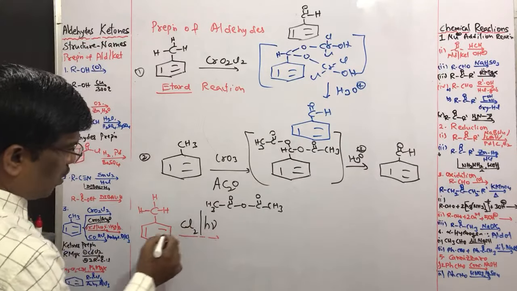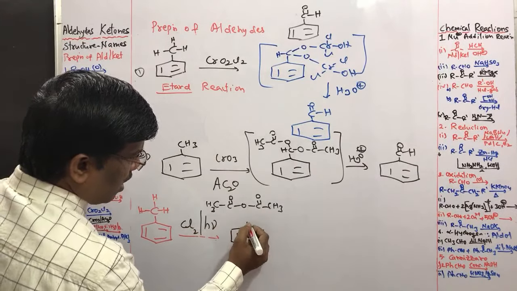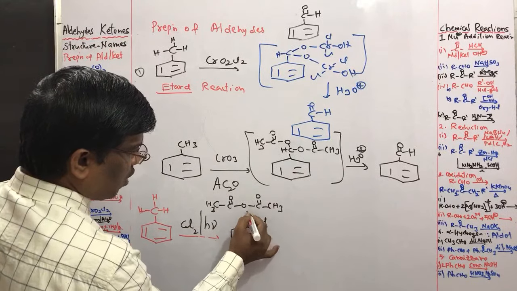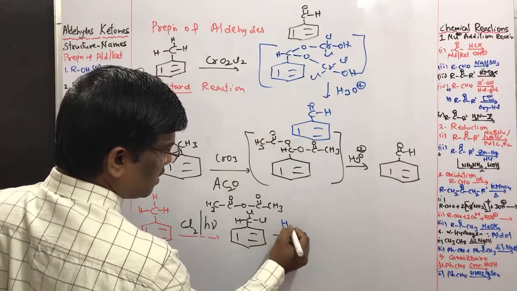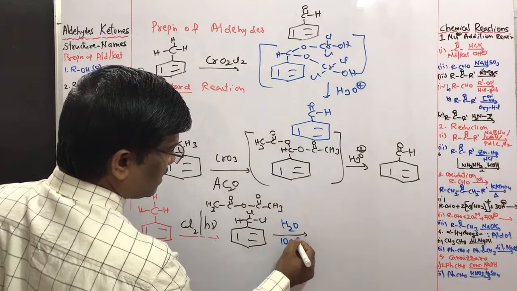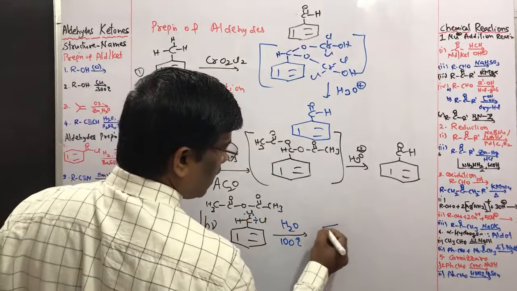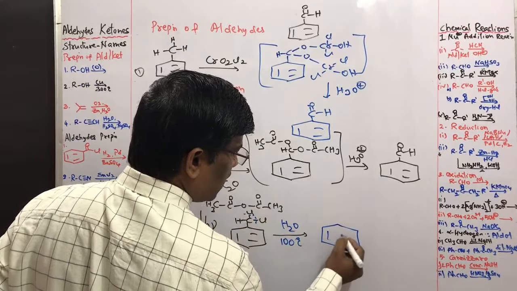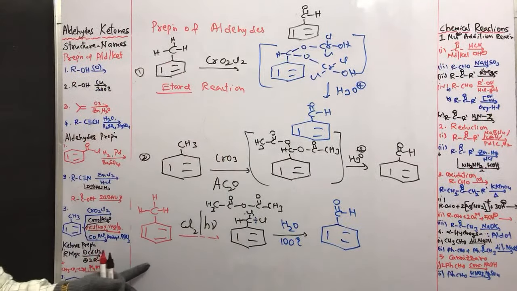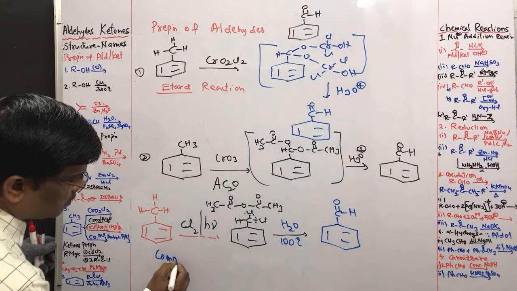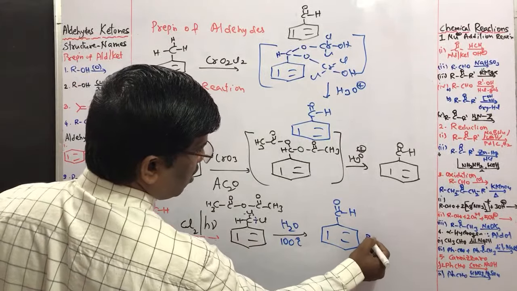So with light, you are going to get benzal chloride, dichlorotoluene. So two chlorines are going to be added. This upon hydrolysis at 100 degrees centigrade, these two chlorines are going to be hydrolyzed, taking up water, to give benzaldehyde. This is a very important method and a commercial method for the preparation of benzaldehyde.